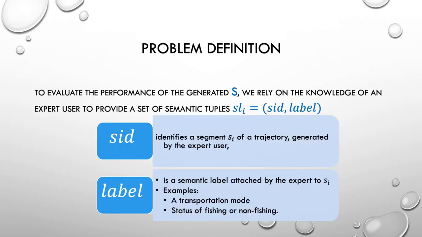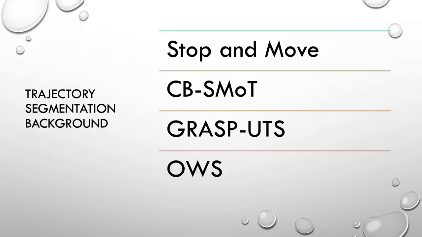We evaluate the performance of the trajectory segmentation task by using knowledge of an expert represented in two variables called SID and label. SID is the segment identifier assigned by an expert, and label is the semantic knowledge about the segment, such as transportation mode or phishing, non-phishing labels.